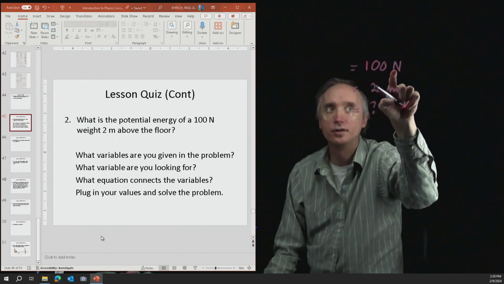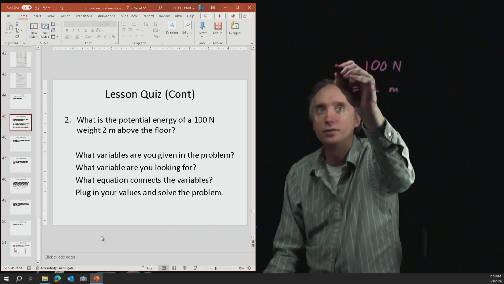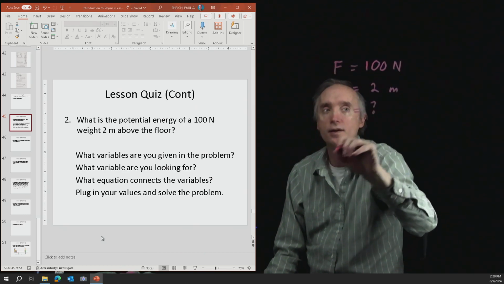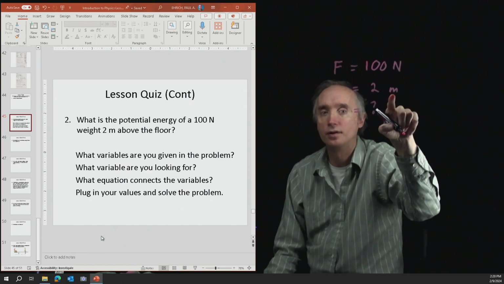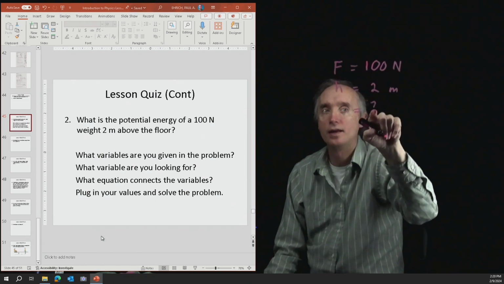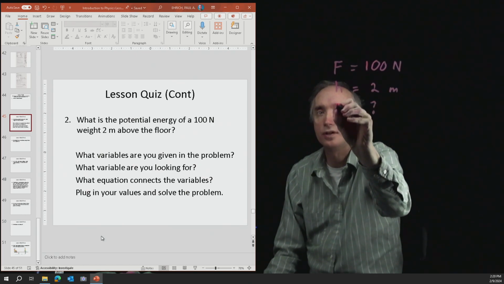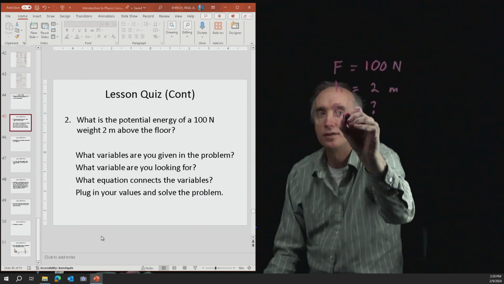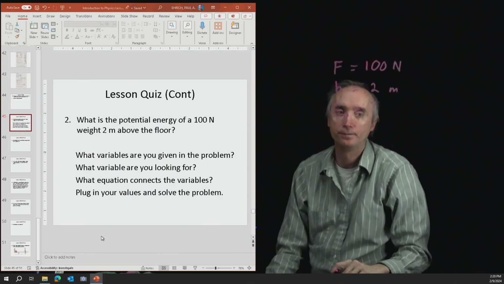So 100 newtons is a unit of force. Meters is a unit of distance. So that would be the height. And then we're looking for energy, but it's potential energy, so put a P on it.